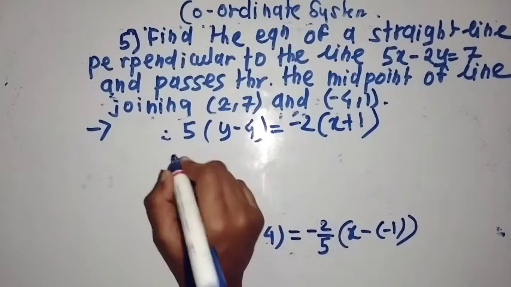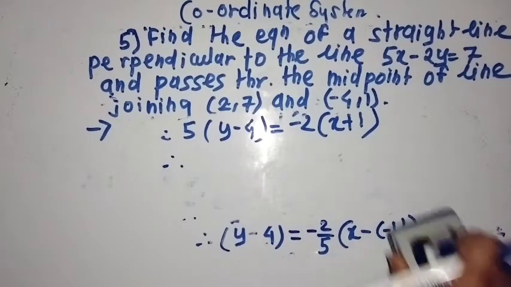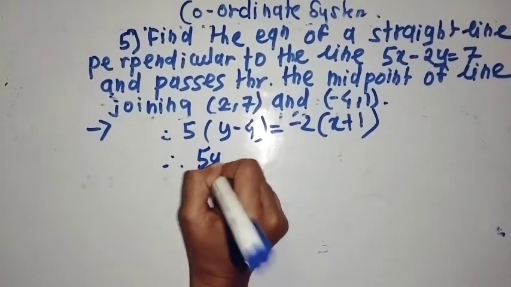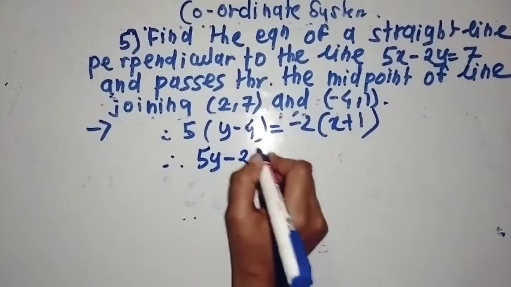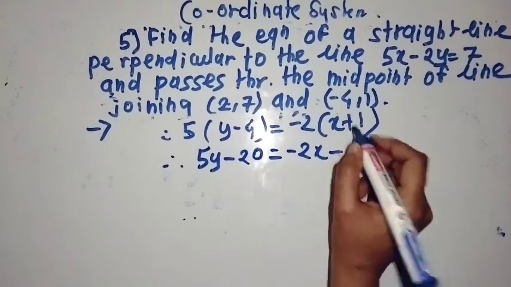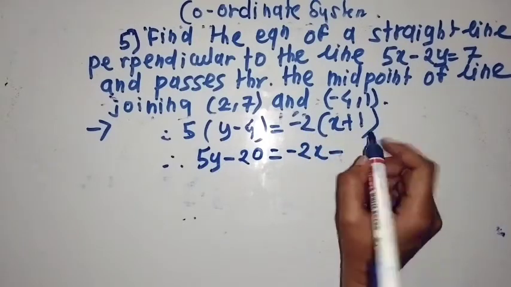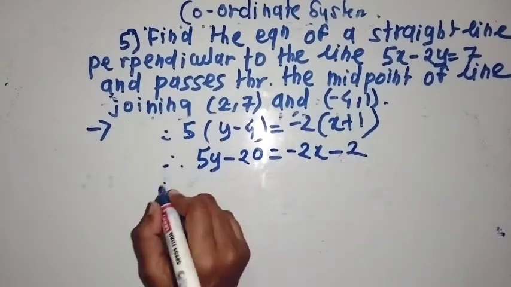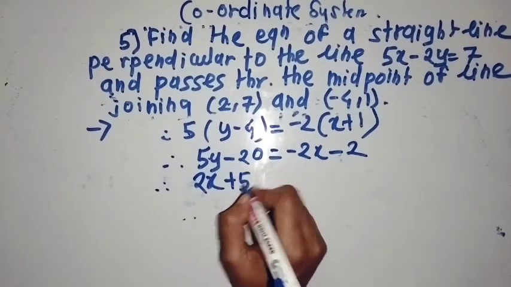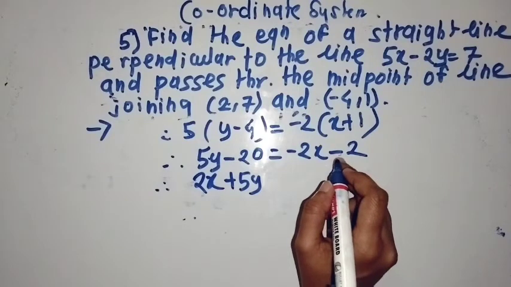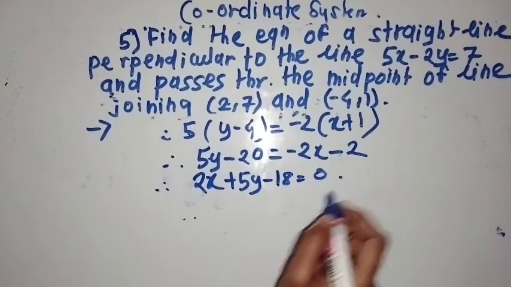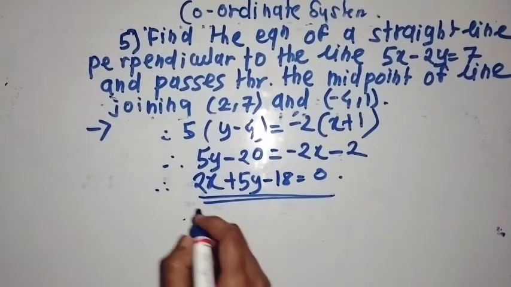So here we get 5y minus 5 into 4, 20, minus 2x minus 2 into 1. Hence we get the equation 2x plus 5y minus 20 plus 2, that is minus 18, is equal to 0. This is the required equation of the line.